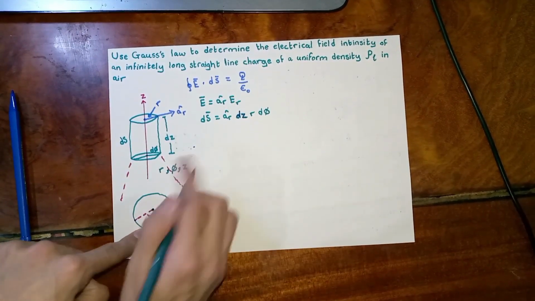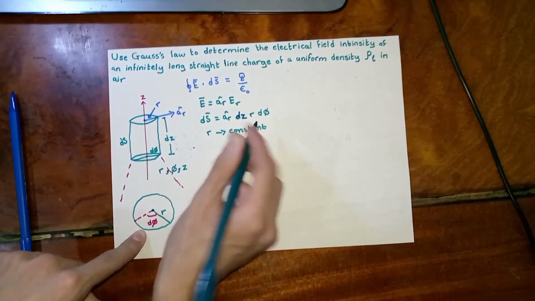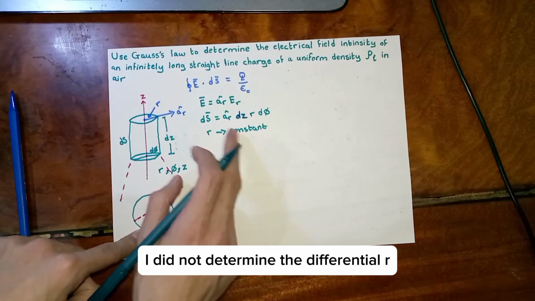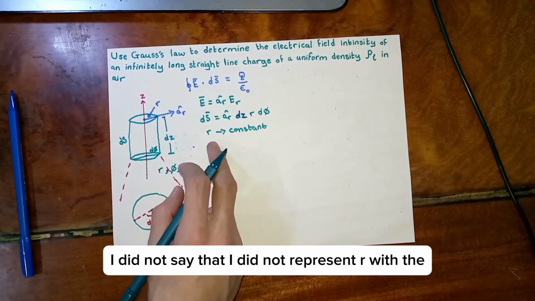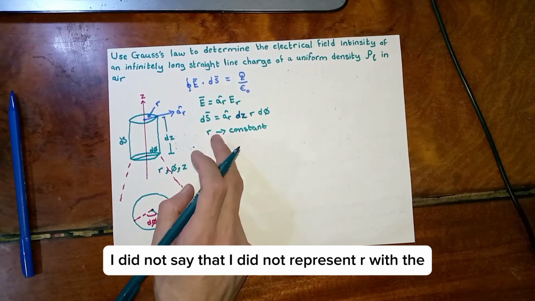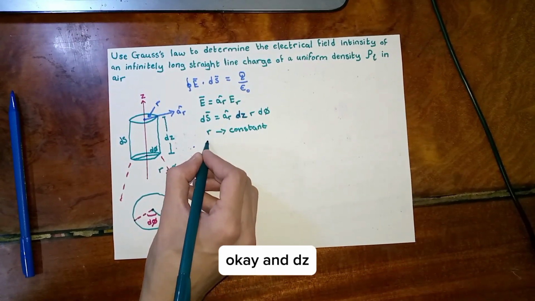Now r is constant, and because r is constant, I did not represent r with the prefix d.